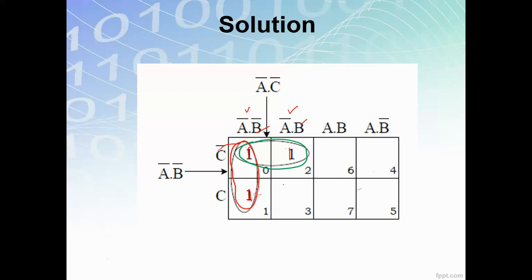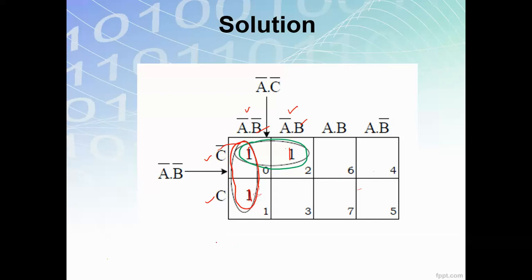Okay, for the vertical red loop here, you involve only the column A bar dot B bar and involve 2 rows, which are C and C bar. So C bar and C can be eliminated as 1, and the expression of this loop is A bar dot B bar.